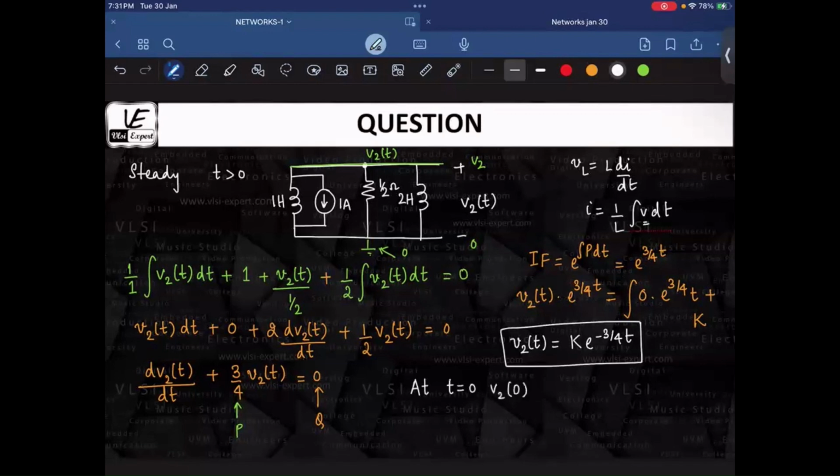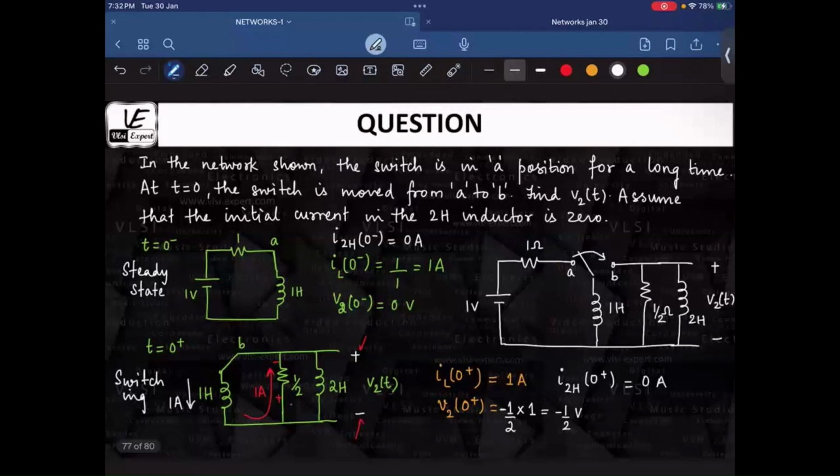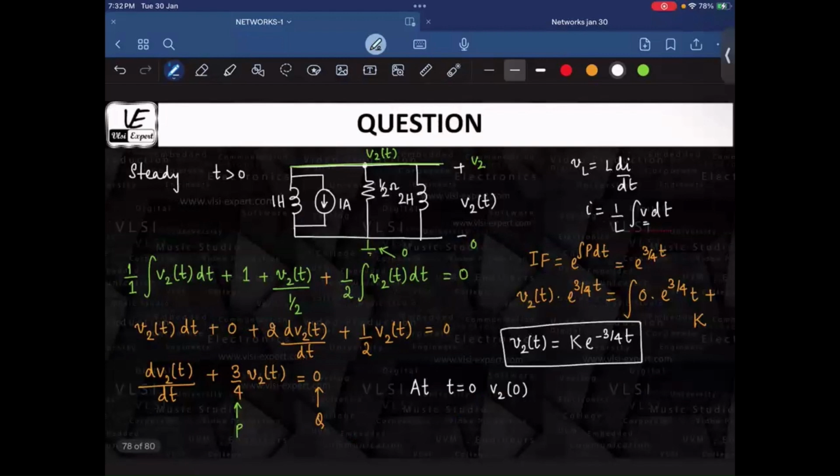V2 of 0, you see here, is minus half. Right after closing the switch, the first value of voltage that appears is minus half. So I can use this here. Minus half equal to K e power minus of 0. So K is equal to minus half.